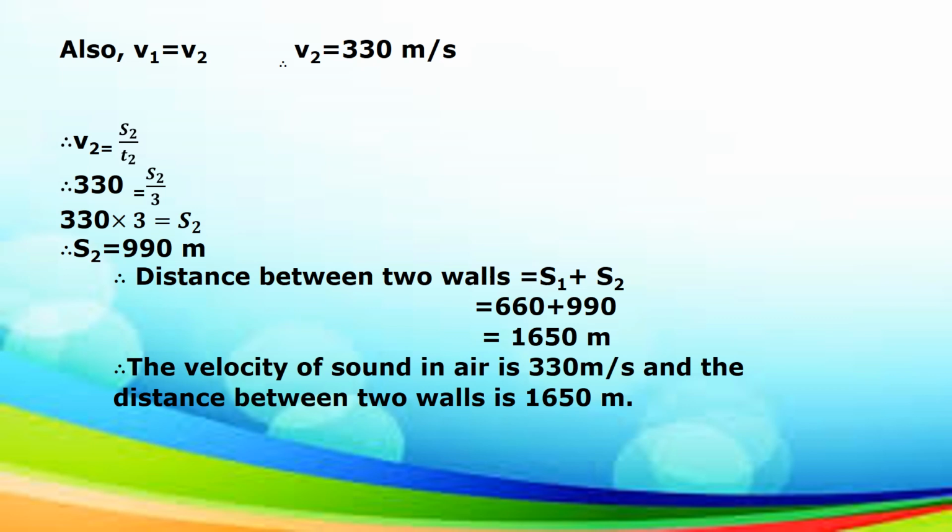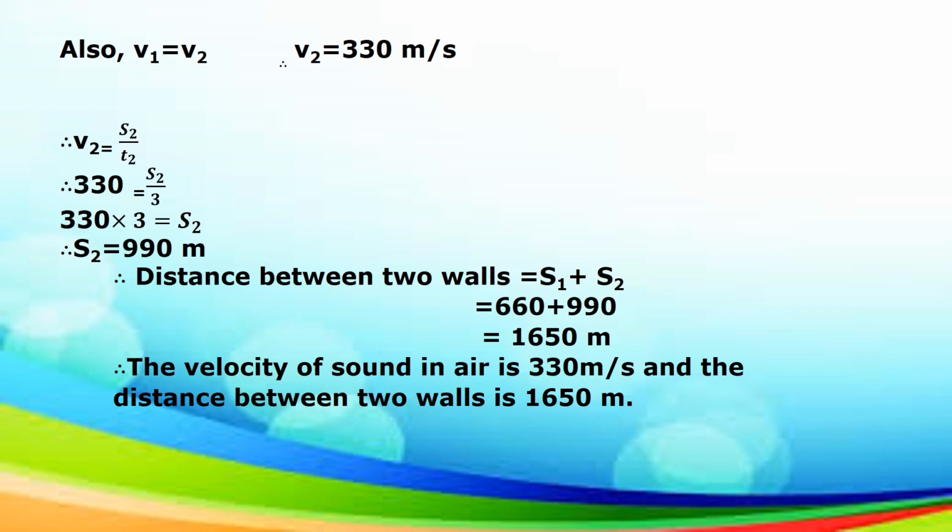Now velocity of sound in air, that is V2, is equal to S2 upon T2, means distance upon time. So 330 is equal to S2 upon 3, that is time is given, that is 3. So 330 into 3 is equal to S2. So therefore S2 is equal to 990 meter.